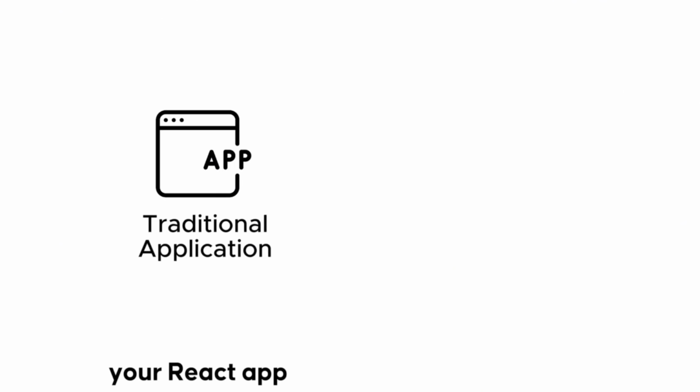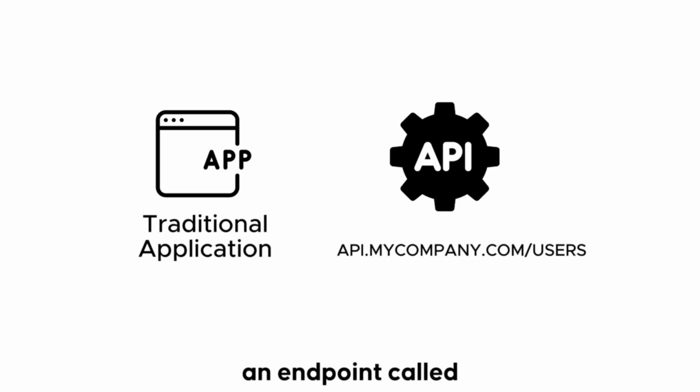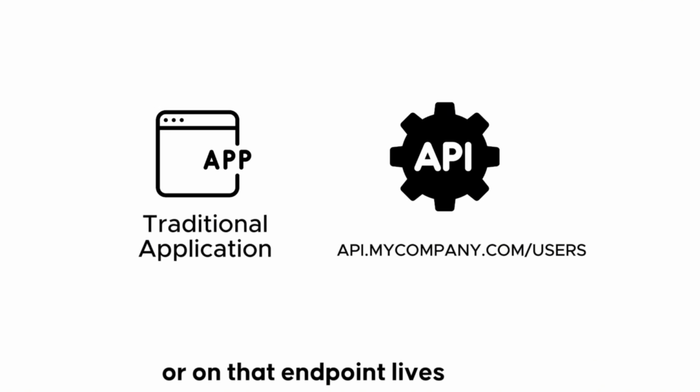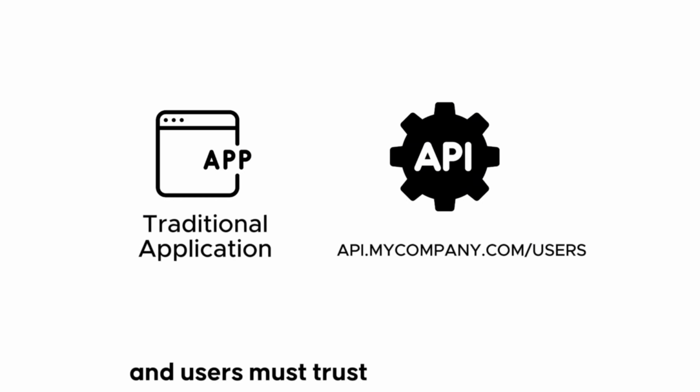Your React app calls, let's say, an endpoint called api.mycompany.com/users. You know that the data on that API or on that endpoint lives on your company's server. So your company controls the database, and users must trust your company to handle their data correctly.